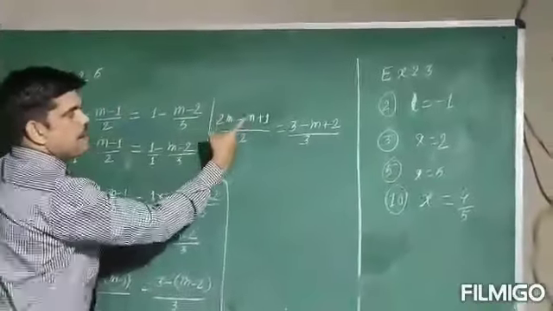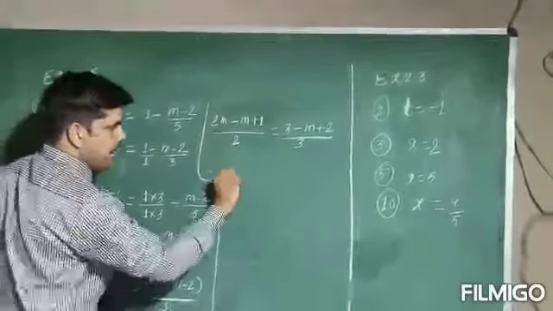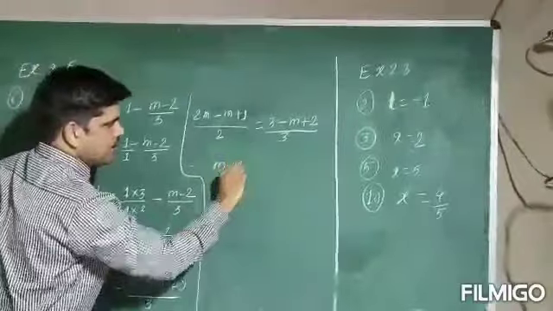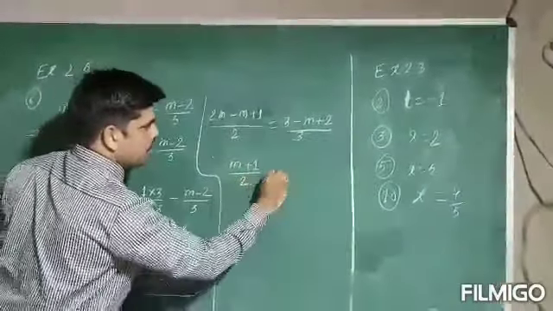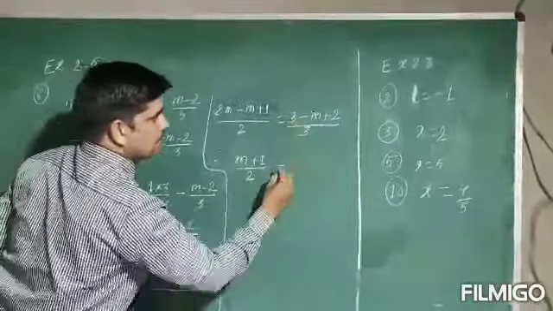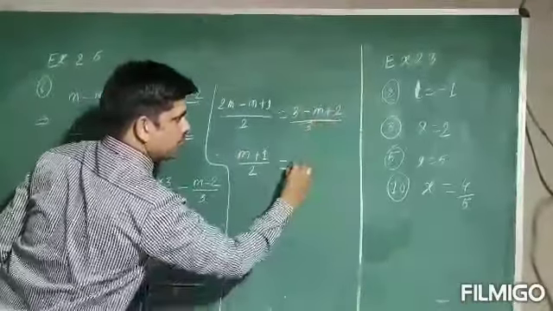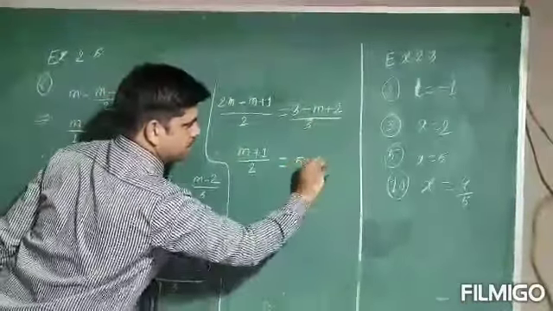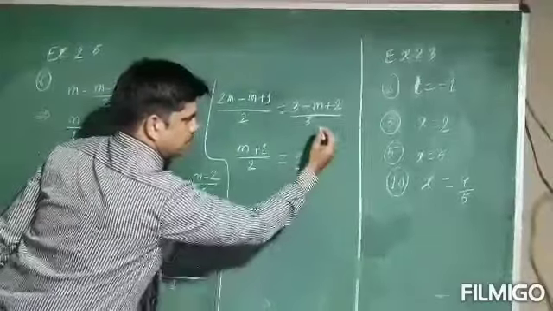Now here 2m minus m is m, plus 1 as it is upon 2, is equal to only minus m, so 3 and 2 we can add, so 5 minus m upon 3.